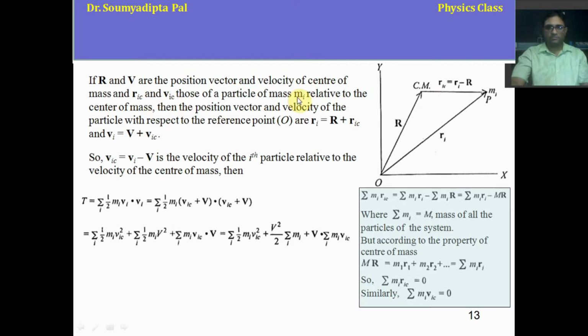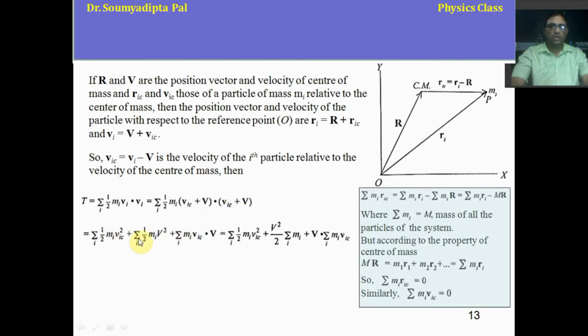Ric is the position of that ith particle relative to the center of mass, meaning from this point the distance, this distance is Ric. Similarly Vic is the velocity of this ith particle with respect to the center of mass. Okay, now the total kinetic energy we know like this, already I told in the last slide. So Vi we can write like this, Vic plus V.